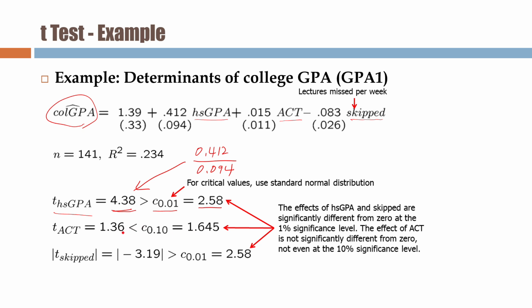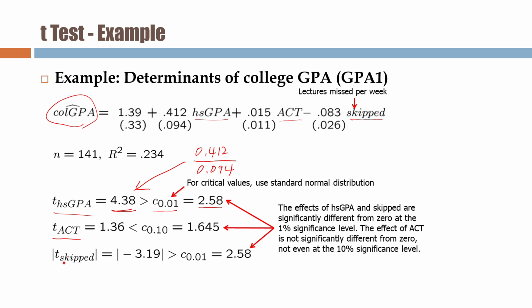And this one is smaller, right? So maybe ACT score may have an effect, but we cannot reject the null hypothesis. What is the null hypothesis? The null hypothesis means ACT doesn't have any effect on the college GPA. We cannot reject that statement.